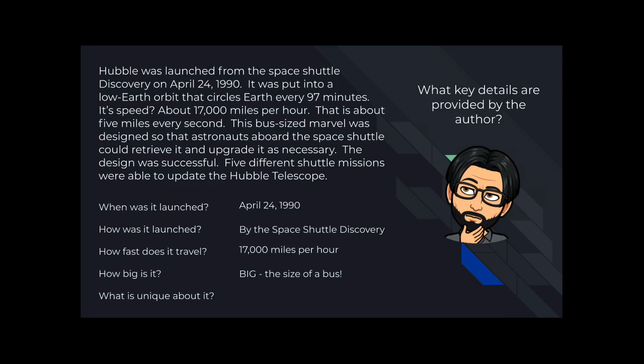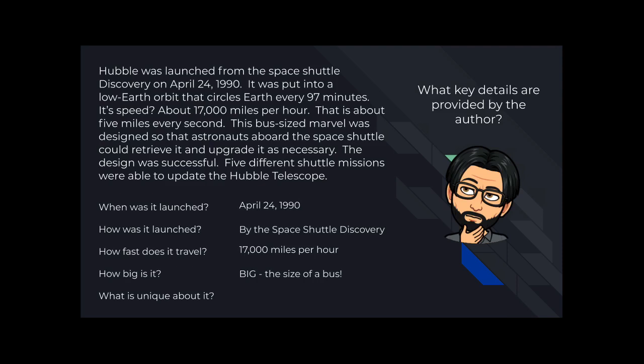Well, there's a couple of pieces of information that we can use at the end of the paragraph to point out something that was different about this telescope. The author wants us to know that the telescope was designed to be used for years to come. How do we know this?